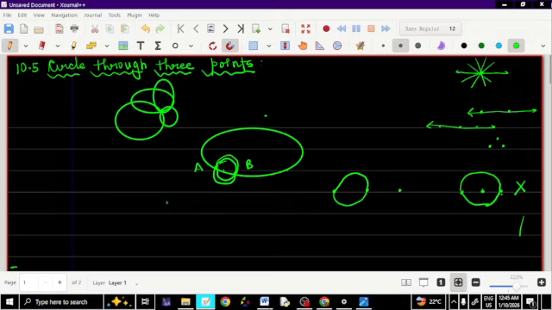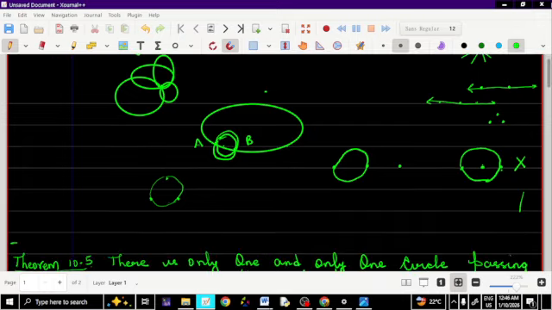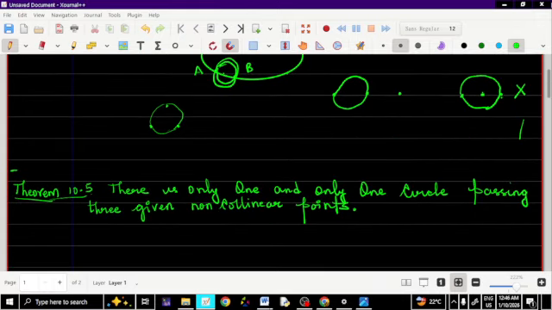But if I give you three distinct non-collinear points, then there is a unique way to construct a circle which will pass through all of them. There is one and only one circle which will pass through these three non-collinear points. That I'll demonstrate in the coming theorem.